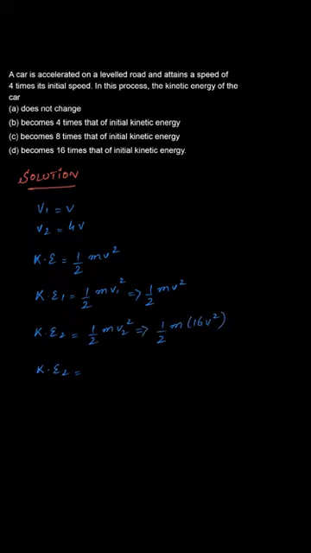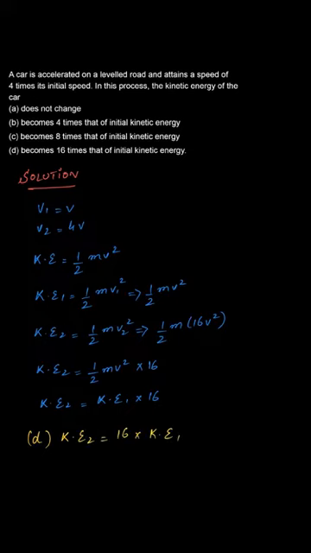So, knowing the formula 1/2 mv square, we can find the kinetic energy of the object with the initial velocity and after attaining a speed 4 times the initial speed. So v1 is the initial velocity, v2 is 4 times the initial velocity. Kinetic energy of the object is calculated by the formula 1/2 mv square.